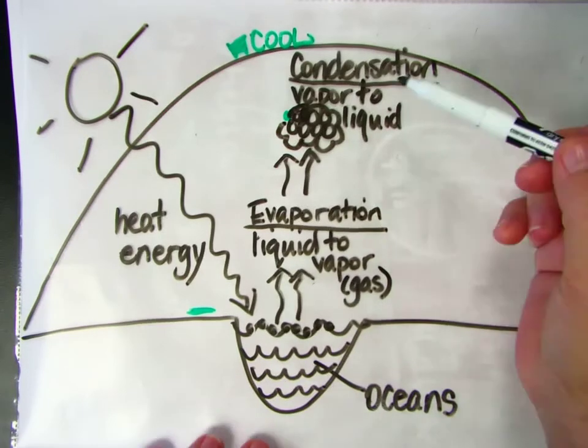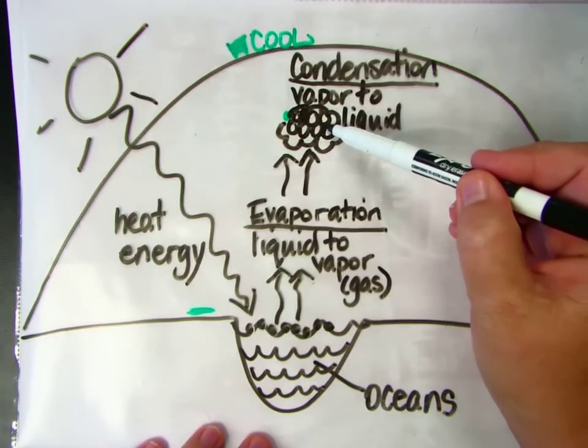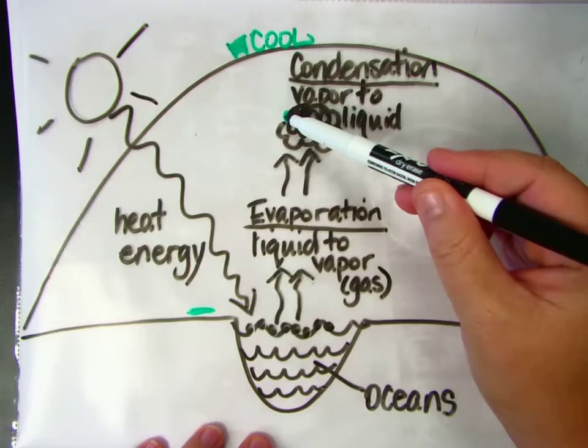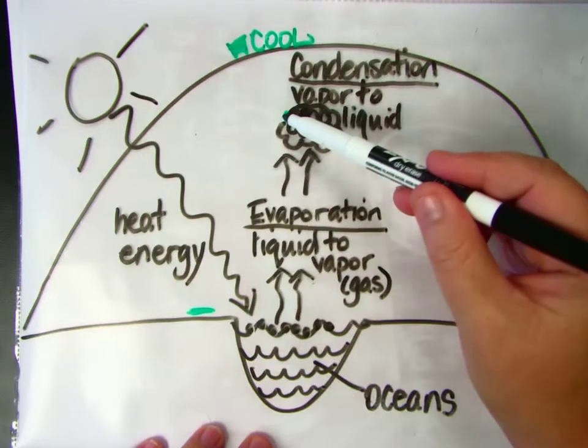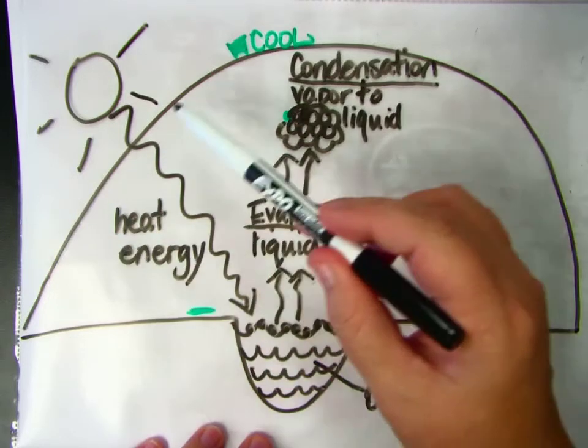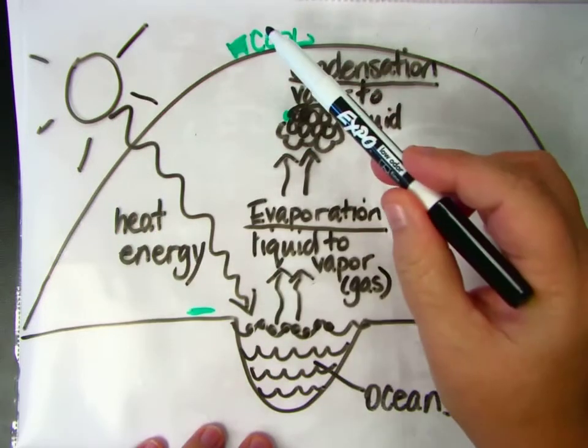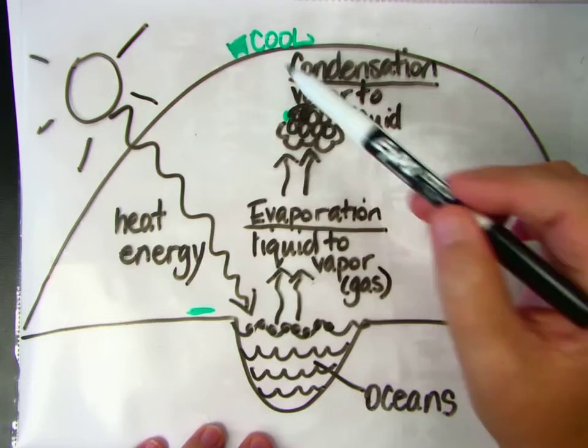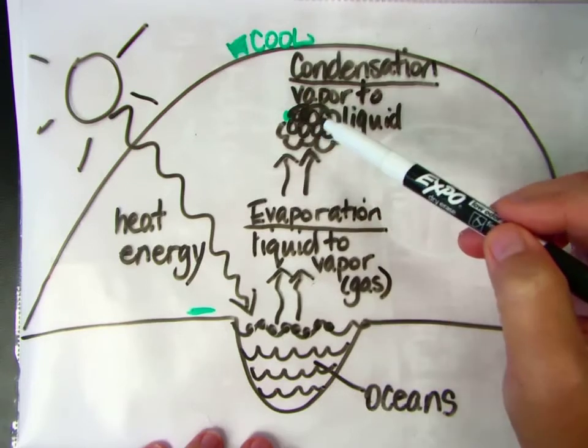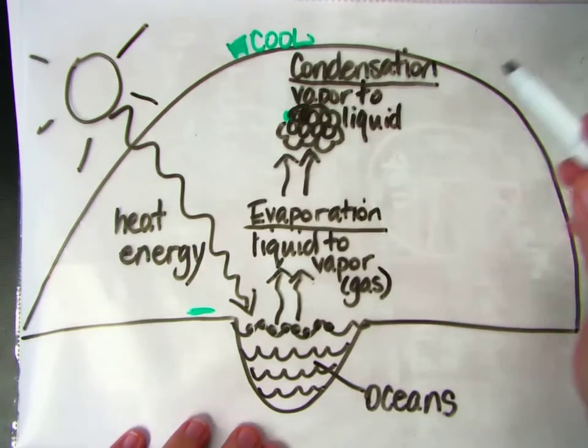So in order to have a cloud, we need condensed water, we need a little particle of dust, and we also need the atmosphere because that's where the cooling off takes place. So those three things are necessary for the production of a cloud.